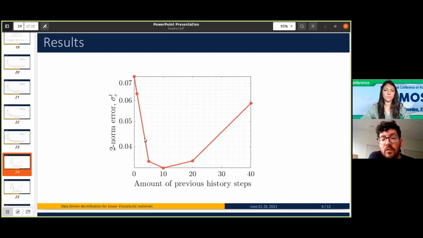In other results that I'm not showing here because of time constraints, this curve depends a lot on what type of force I'm putting to simulate the behavior of the material, and also what relaxation time the material has. So in general, this is just a percentage of, or should be a percentage of, the relaxation time of our viscoelastic material.